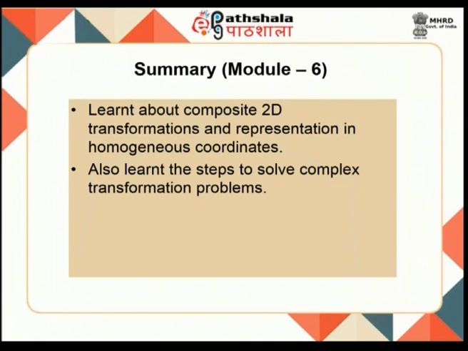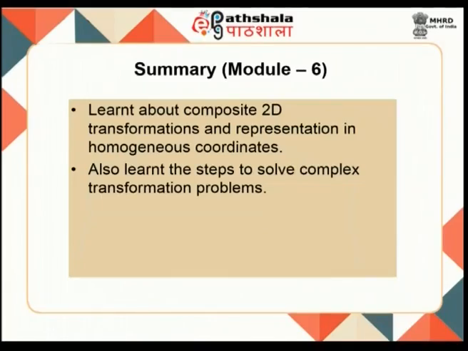We have learned how to perform composite transformations, and we have seen examples of complex transformations by decomposing them into simple steps, getting a composite and then solving problems. You can take simple exercises and try them for yourself. Thank you.